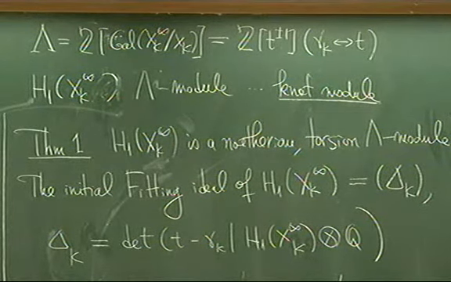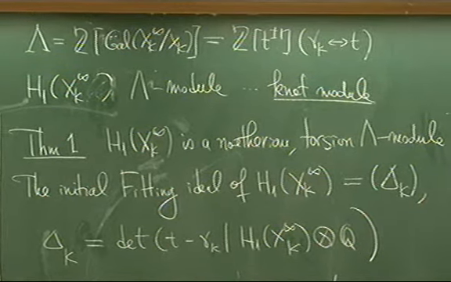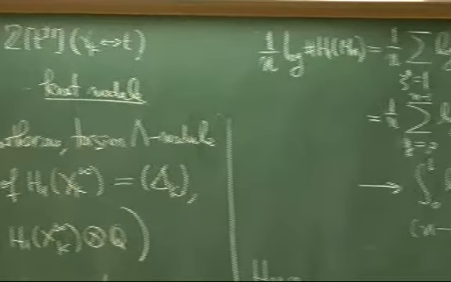Then H infinity is a Lambda hat module, because the Galois group acts on K infinity, so it acts on the K_n in a way compatible with the norm map. So H infinity is a Lambda hat module.